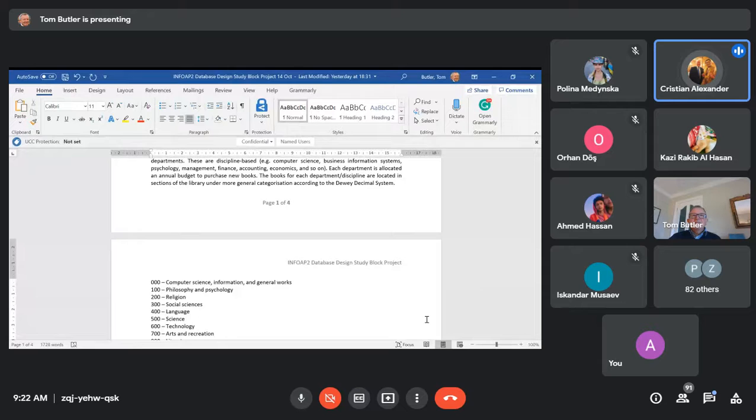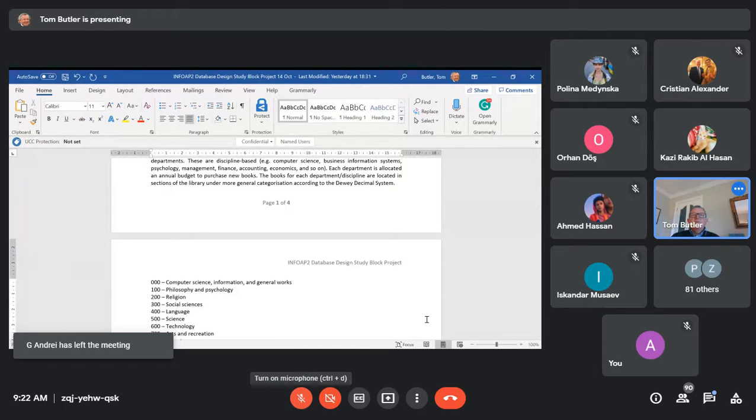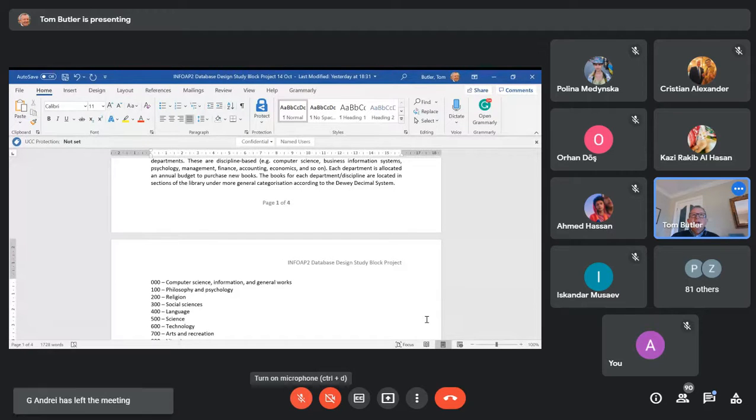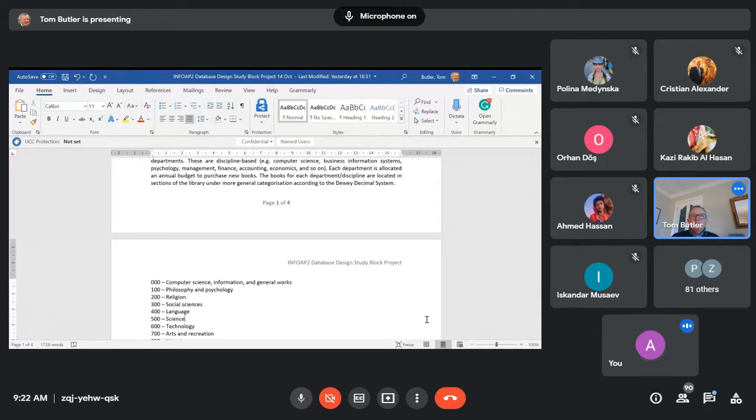We need to create a separate entity. Yeah, it's called an associative entity. So this associative entity will have a primary key or keys, composite primary key, consisting of what? Excellent. Bang on.